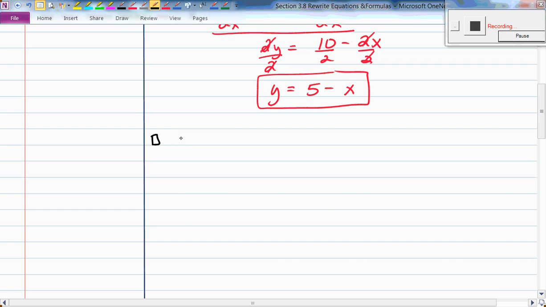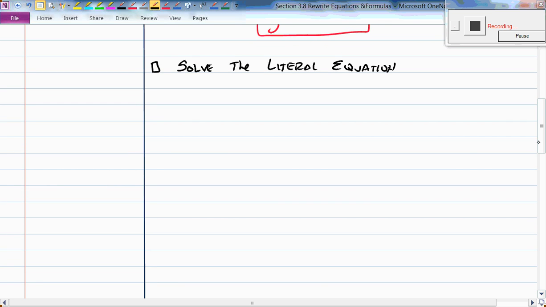All right, now we're going to solve the literal equation. Now, all that really means is to solve a particular equation for whatever piece they want you to solve for. As an example, I'm going to give you an equation that has a bunch of variables in it.